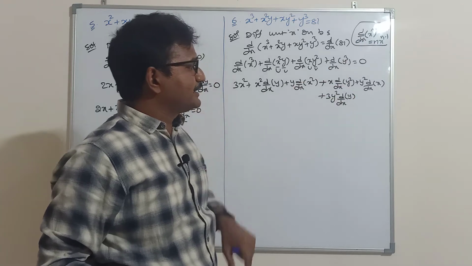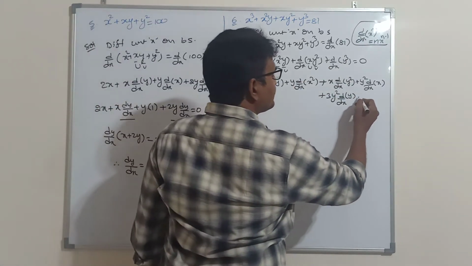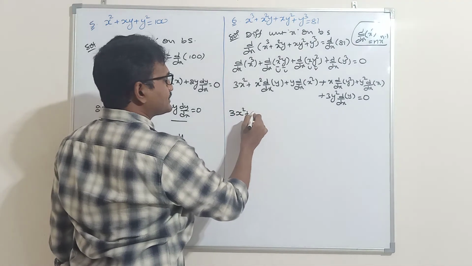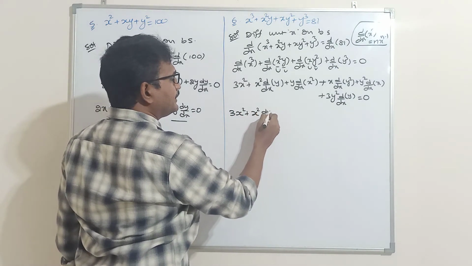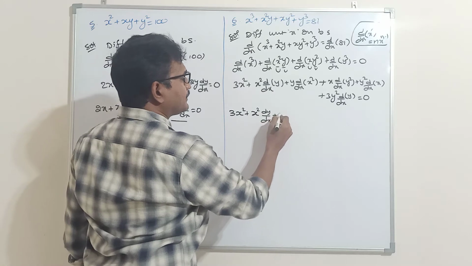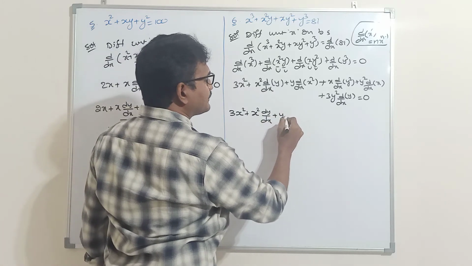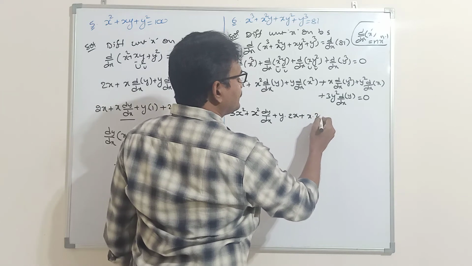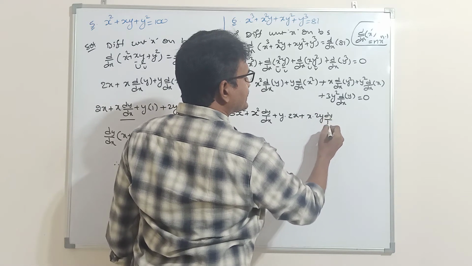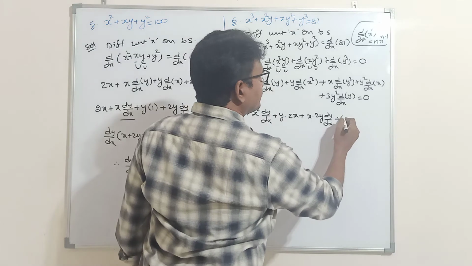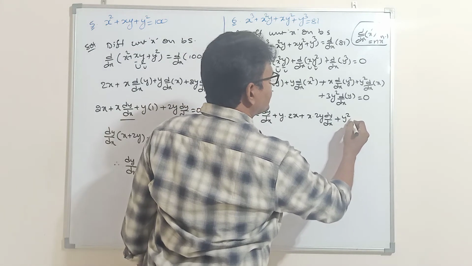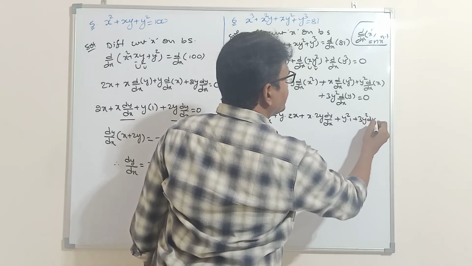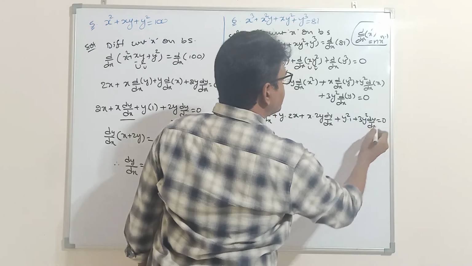So that's why we find the derivative of y. We get 3x square plus x square into dy by dx plus y into derivative of x square, which is 2x, plus x into 2y into dy by dx plus y square into derivative of x, which is 1, plus 3y square into dy by dx is equal to 0.